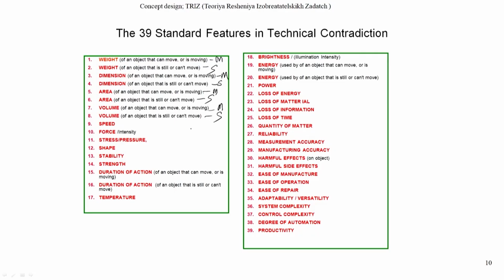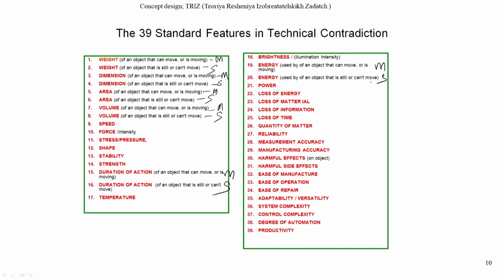Then there comes speed, and then there comes force, stress or pressure which is over a unit area, shape, then stability, the strength, duration of action of an object that can move or is moving. So, again movement, and duration of action that is still, S. Temperature, brightness, energy, again energy has two components M and S.